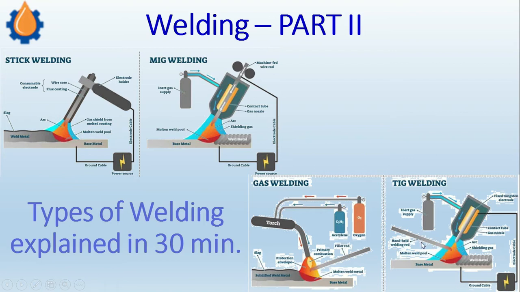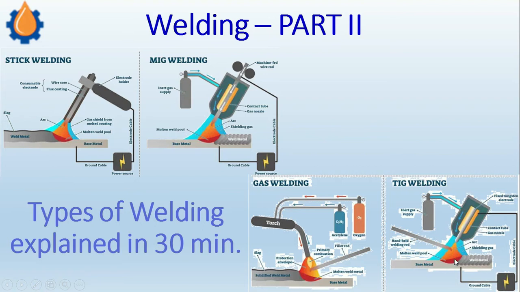The filler wire is of the same metal as the base metal in the majority of cases. Of course, we also have dissimilar welding techniques where the filler wire may be of a different metal. Mostly we are discussing joints between similar metals, so the filler wire and the base metal are both of the same material.